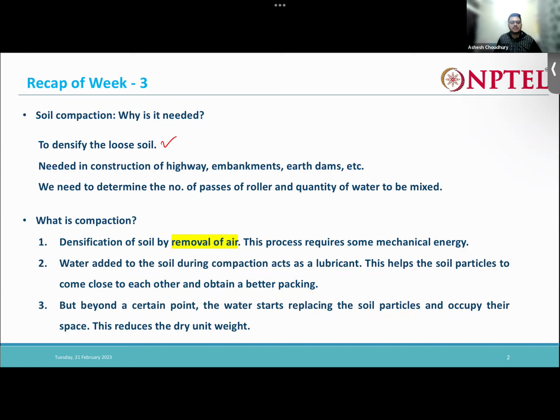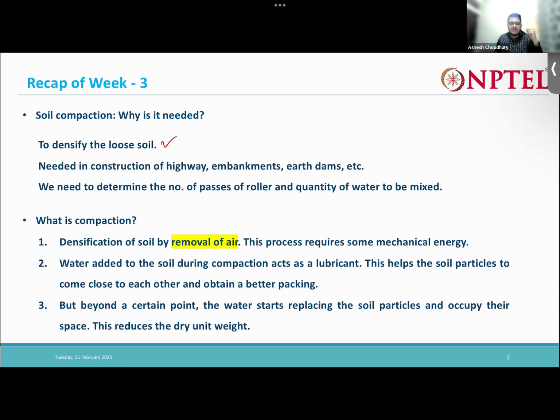The reason is, in the construction of highways, you need to prepare the subgrade first, above which the highway is to be constructed. Or you need to construct an embankment. For constructing an embankment, certain criteria are there, such as the density of soil in the embankment that you should maintain.